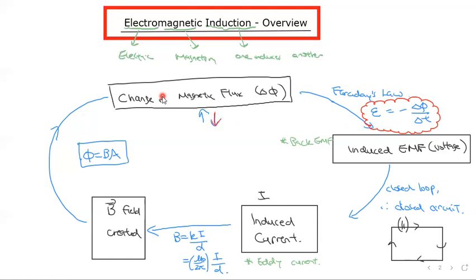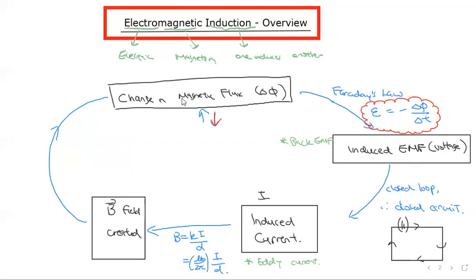So what that means is that the magnetic field that's created by this induced current, which is created by this induced EMF, must oppose the change in magnetic flux that gave rise to them initially. And that is the next law that we'll talk about in a bit more detail. But basically, that here is Lenz's law, which is all about direction.